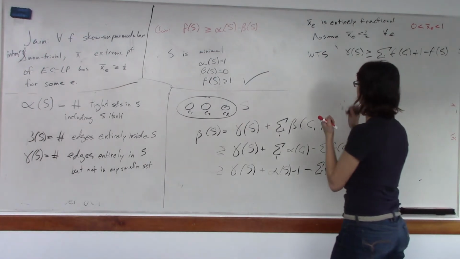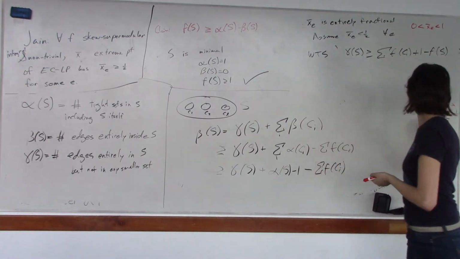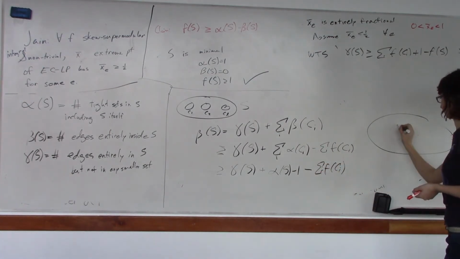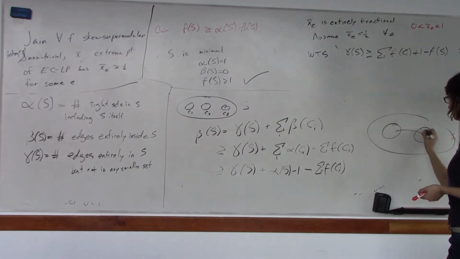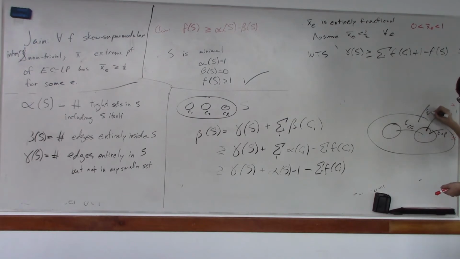So we're going to go back to our picture we had before, where we had our children to children edges, we had our children to parent edges, children to outside edges, and children to parent to outside edges. And so these are the 4 types of edges we have.